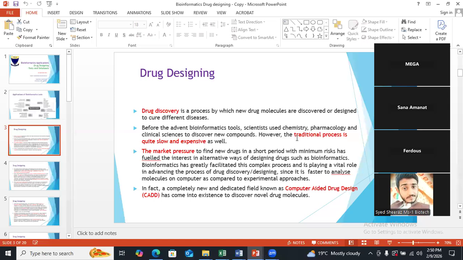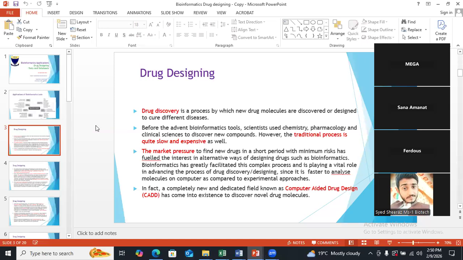Now, the traditional process of drug discovery was quite slow and expensive as well. A lot of time was consumed for designing and discovery of new drugs traditionally in the previous years. And when the time, energies, and materials were consumed, then the cost of drug discovery was very high.